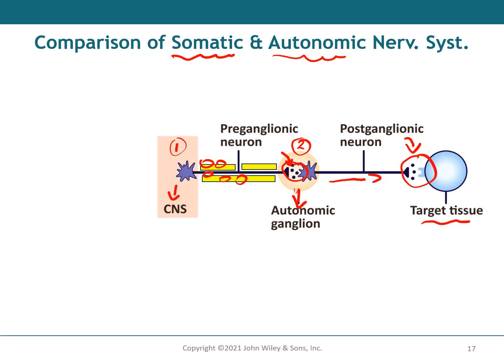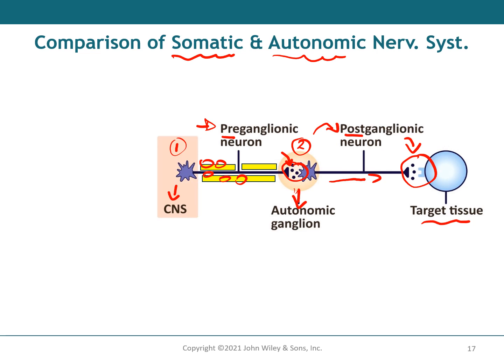In addition to that, the name of the neurons depends on the location relative to the autonomic ganglion. So if they are before, they will be called preganglionic neurons, and if they are after, like this one, it will be called postganglionic neurons.